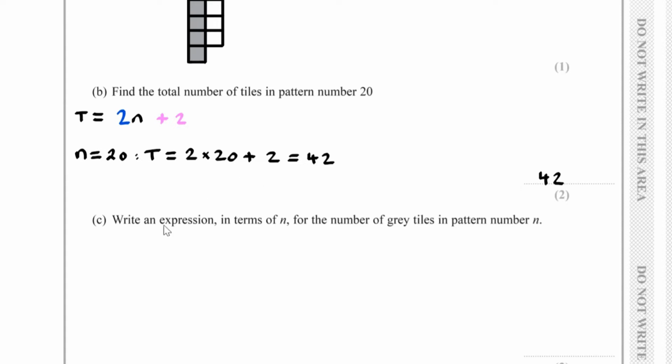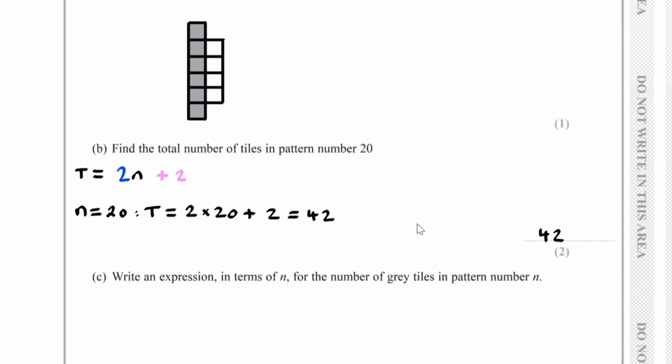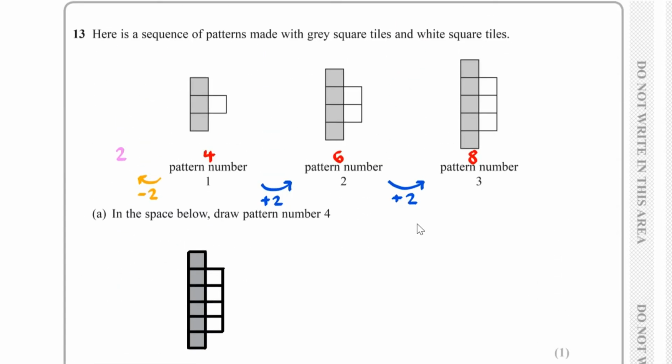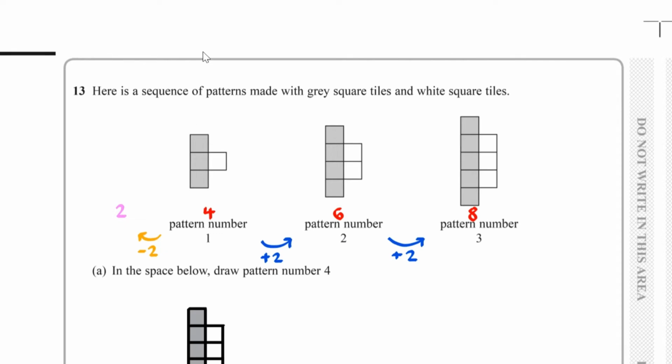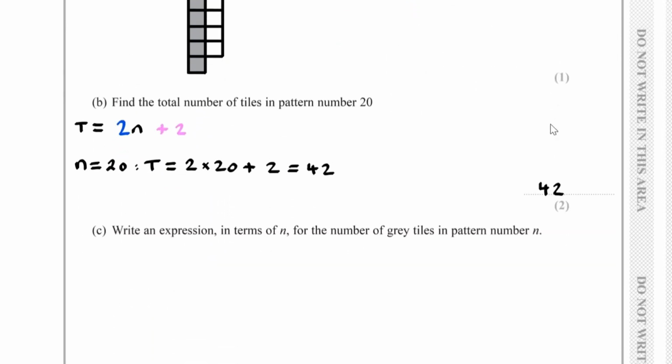Then for part C, we have to write an expression in terms of n for the total number of grey tiles in pattern number n. So if I look at the number of grey tiles, I have 3 here, 1, 2, 3, 4 here, 1, 2, 3, 4, 5 here. So what's happening is I'm adding 1 each time.